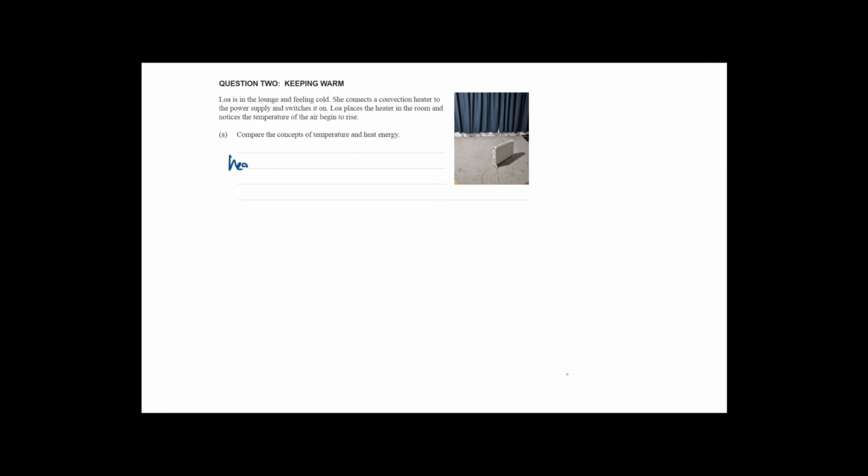So heat energy is the kinetic and potential energy of all particles in the room. Okay? That's what heat energy is.